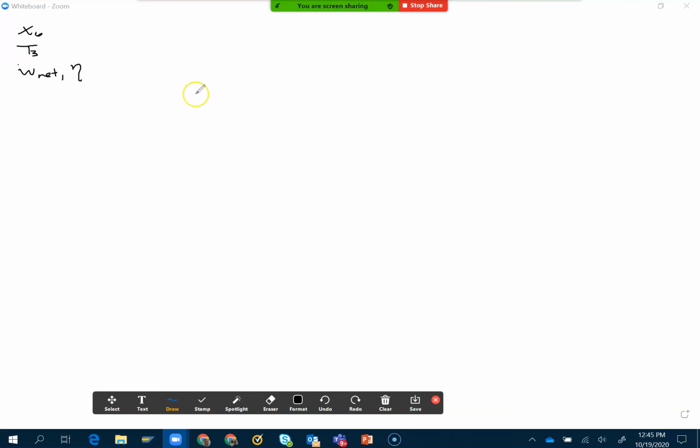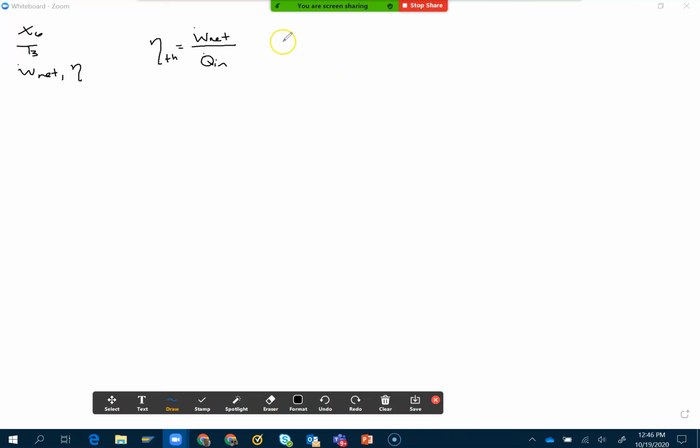Okay, so let's start our analysis with the top level. We're going to say that the thermal efficiency is the net power divided by the total heat that we are adding. Now we can start doing the first level analysis for each of the components as we have done in the past.